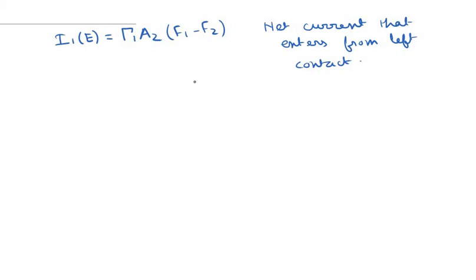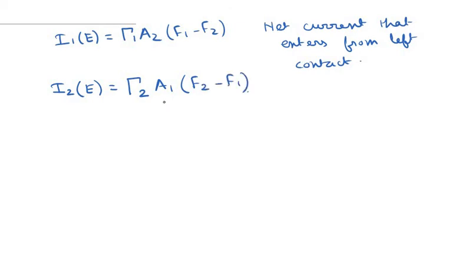Now if we would do the calculations for the right contact, or contact 2, we would get the net current as I2E equals, so we interchange 1 and 2 here because now we are going to contact 2. So this would be gamma 2 A1 and then F2 minus F1.